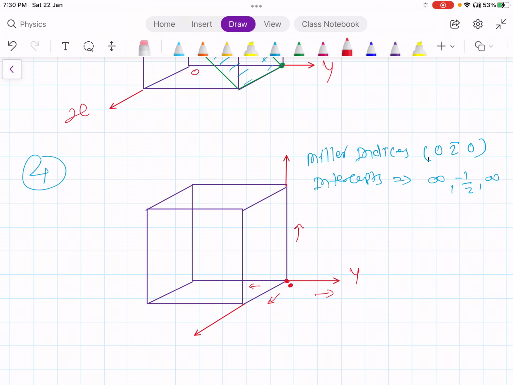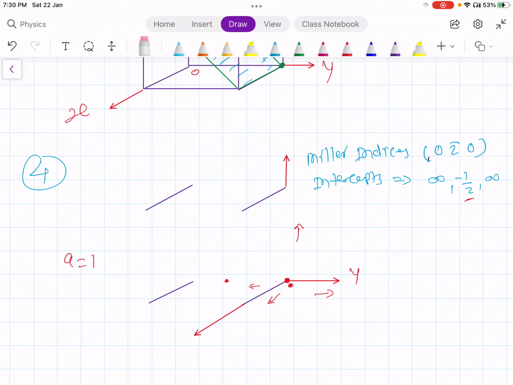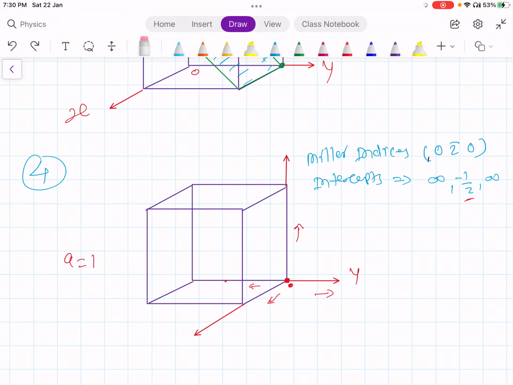So we want negative y, so we have selected this as a point. Now the intercept is minus 1. A is 1 in this case also, so minus 1 comes over here. Somewhere this is the minus 1.